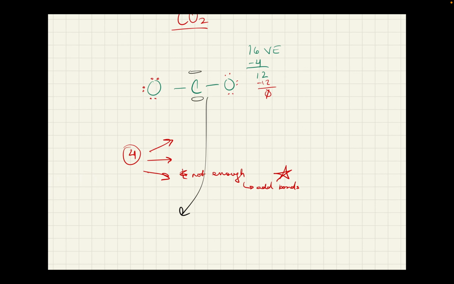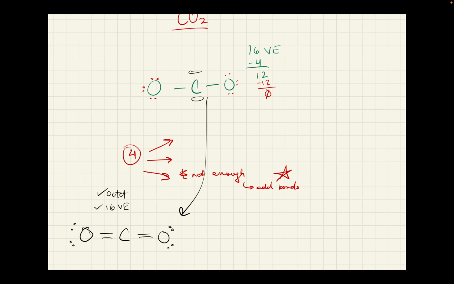The most obvious thing at first, and this is what most people think, and it's the best structure, is we take a bond or a lone pair from each of the oxygens and sort of share the load. Now, all the octet rules are obeyed, and it has 16 valence electrons.